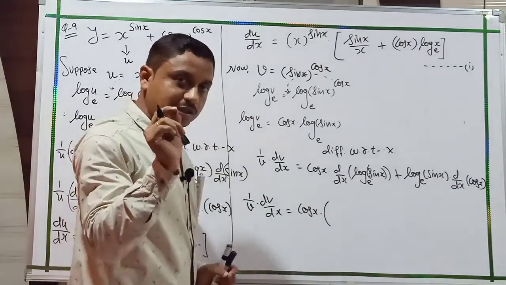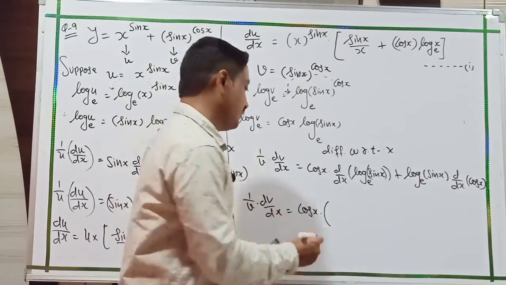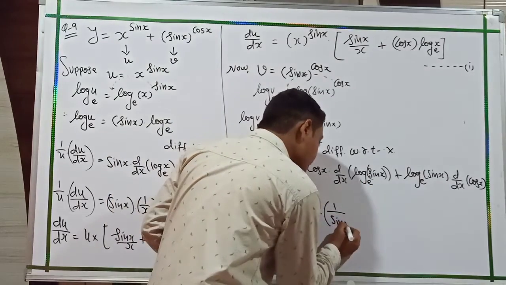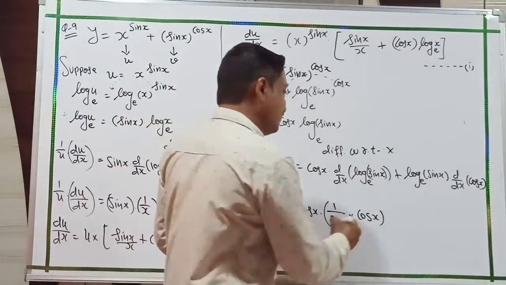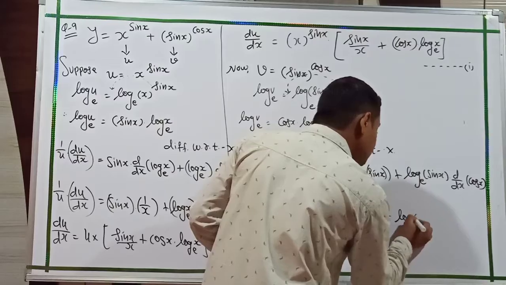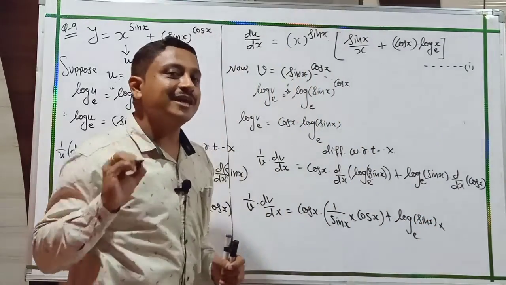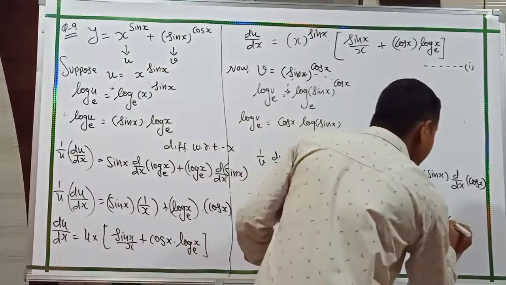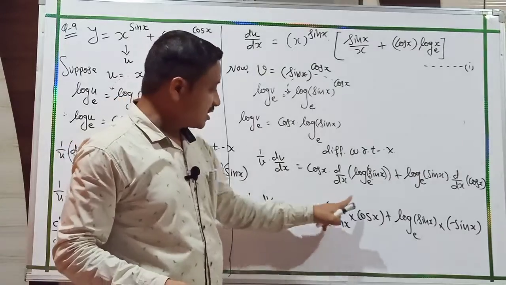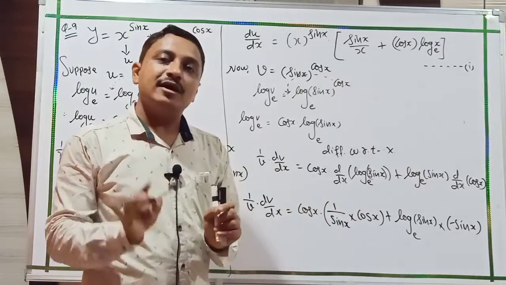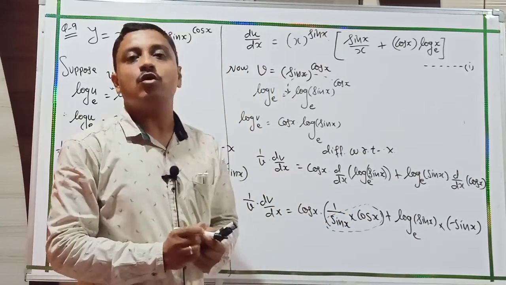Now slowly, first the log derivative, after that the sin derivative. So 1 by sin x, and what is the sin derivative? It is cos x, plus log sin x same base e. Now what is the cos derivative? Yes, it is minus sin x. So finally cos and cos multiply to give cos square, or you can take it out as cot x.